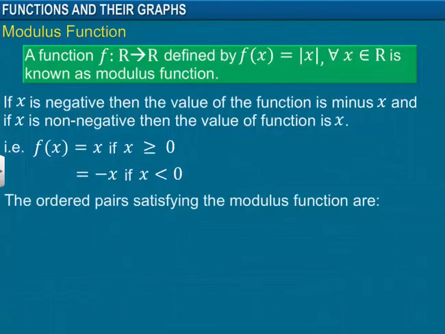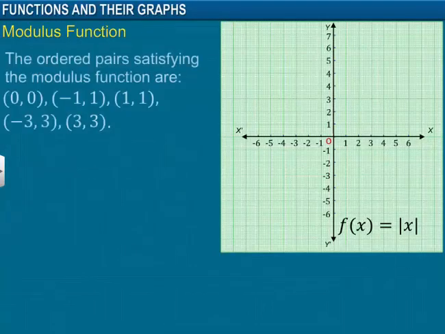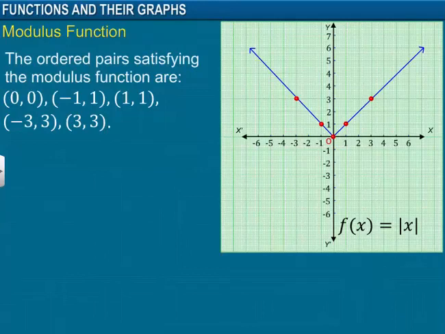Some ordered pairs satisfying the modulus function are on plotting these points on the Cartesian plane and then joining them, we get the graph of modulus function f of x is equal to mod of x.